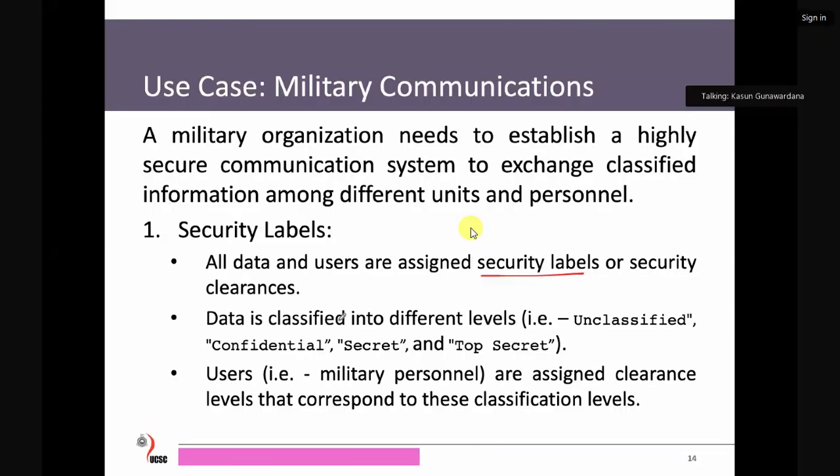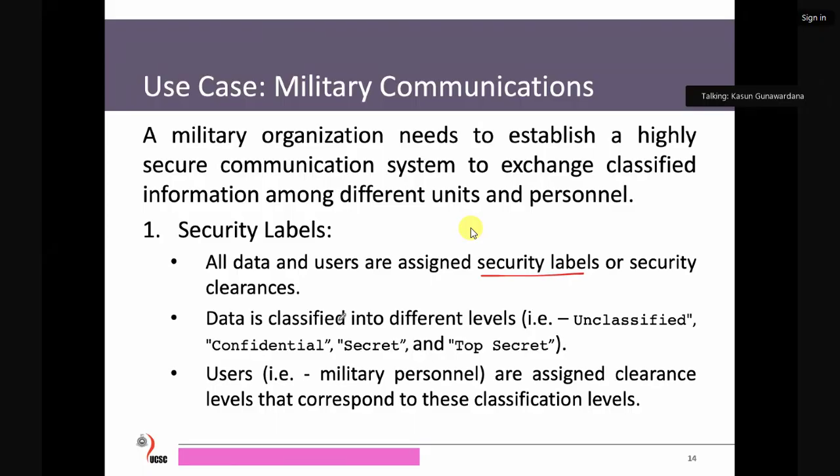As an example, we can take unclassified, confidential, secret, and top secret. A very simple hierarchy.